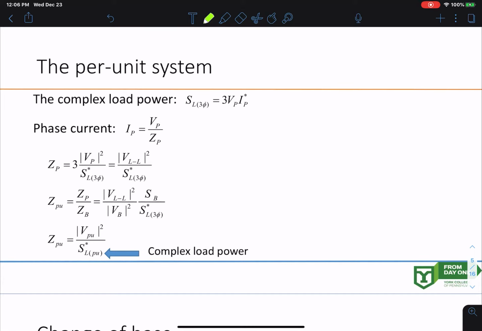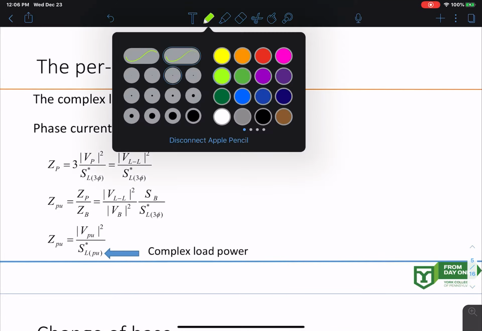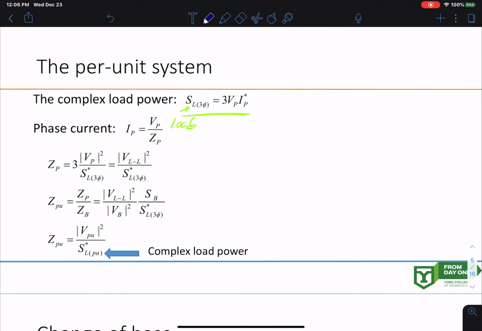Again, the complex load, L is for the load here. So this is per phase. That's why I multiplied by 3. We're doing each phase voltage, phase current, and multiplying by 3. Then your phase current will be phase voltage over phase impedance. P is for phase.